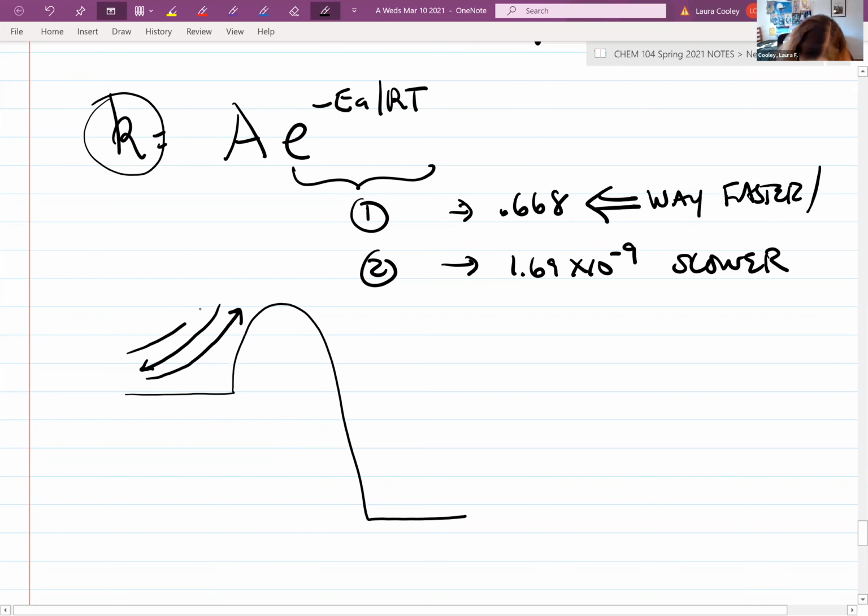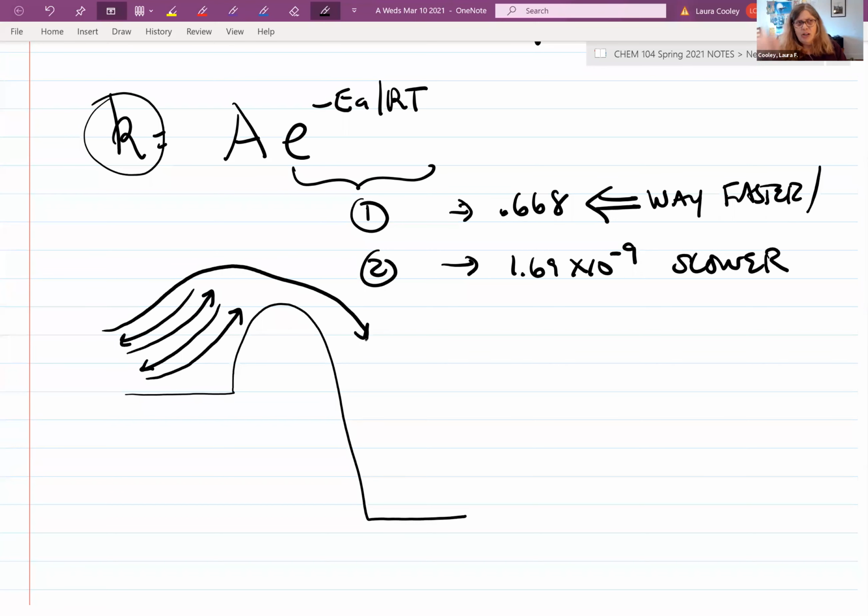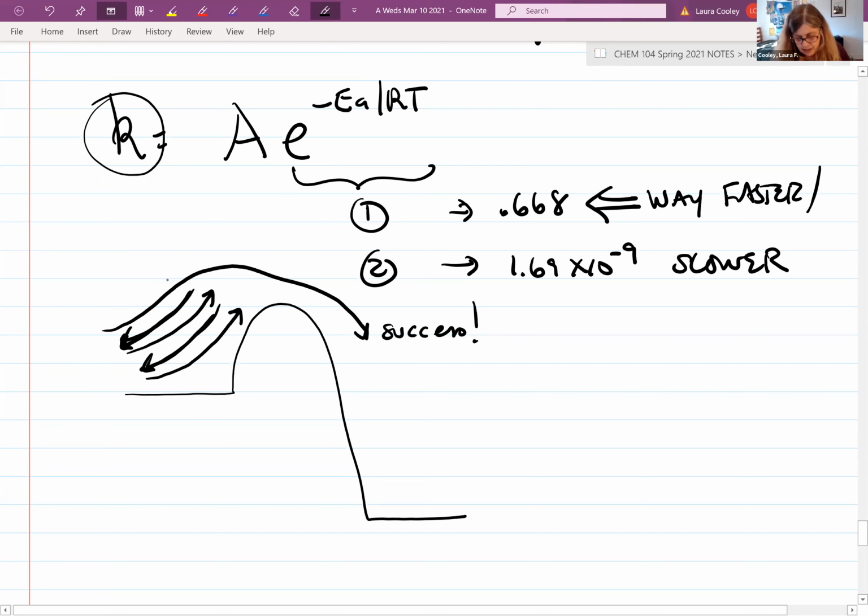They come back and try again and can't. Comes back. Finally, goes over the hump. Maybe I'm thinking of people running. They have those climbing walls, and if you run fast enough, maybe you get to leap up high and make it over the wall. But if you don't run fast enough, then you can't do that leap and you can't get over the wall. So there are many unsuccessful attempts where they have to come back, and finally success and going over the barrier. So it could take many approaches for this to happen.